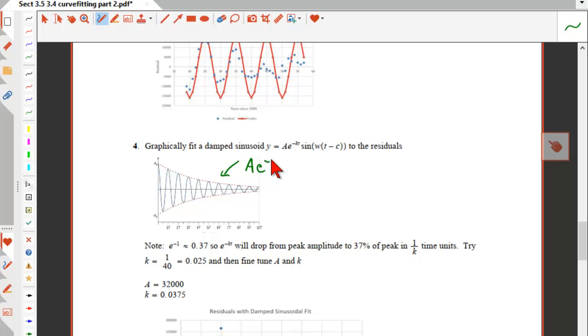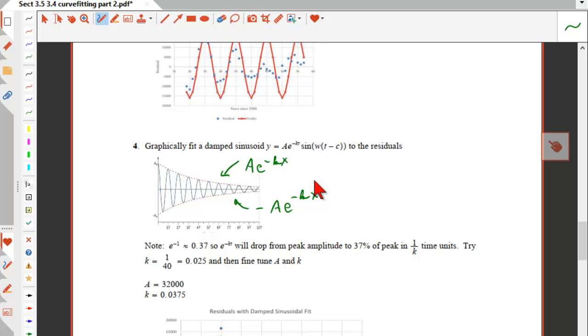the sinusoid is oscillating between what I can call an envelope of the form A times e to the negative kx. And then down below here is going to be negative A e to the negative kx.